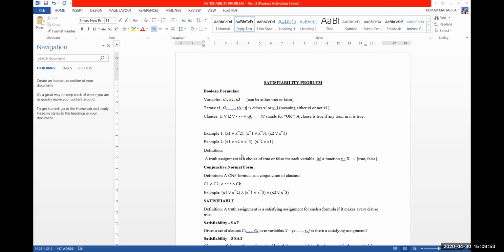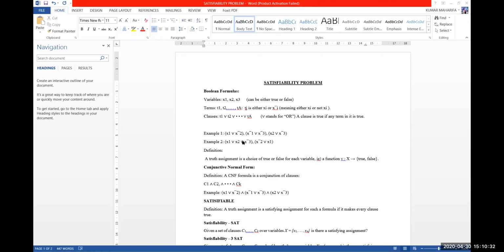Now, what is satisfiable? A truth assignment is a choice of true or false for each variable. For example, take this clause alone. This clause contains three variables, x1, x2 and x3 bar. If I say this is satisfiable, then it has to lead to the answer true. When will this lead to true? If any one of these three variables is true, then I can state that this clause is true, and if the clause is true, then it is satisfiable.